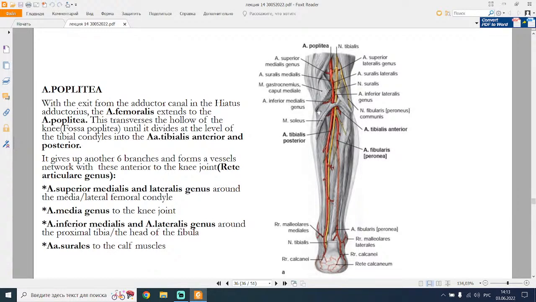And arteria suralis, to the calf muscles.